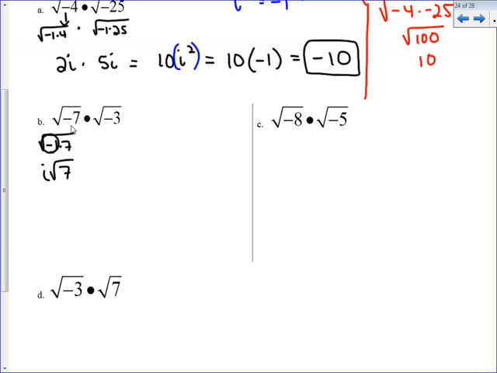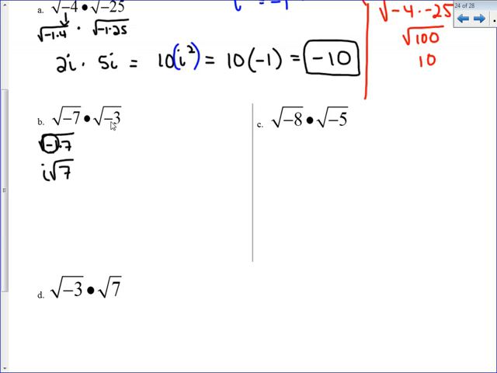I wouldn't even worry about trying to simplify the individual square roots yet until we put them together. So 7 isn't going to simplify, but I wouldn't even worry about that at this point in a problem, which will come in our next example. So how else might I rewrite the square root of negative 3? i, and then the square root of 3.